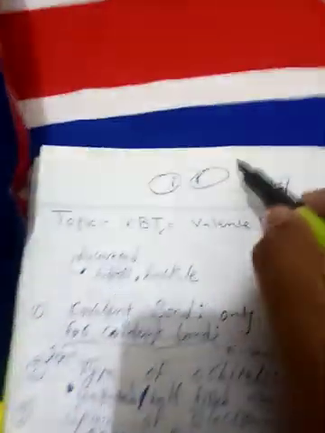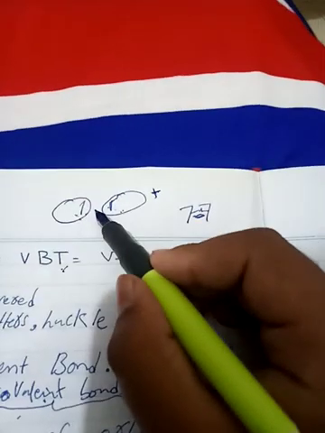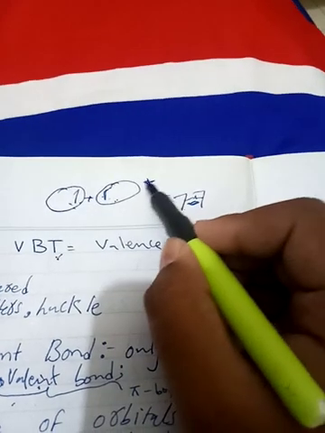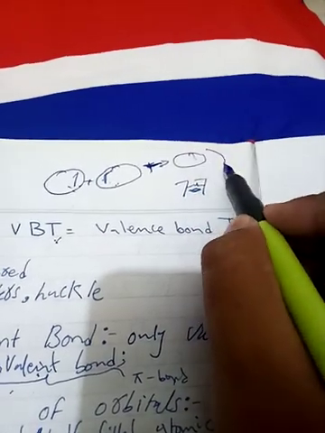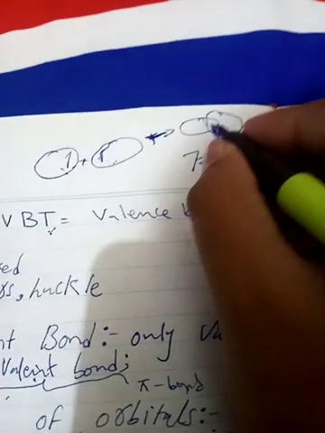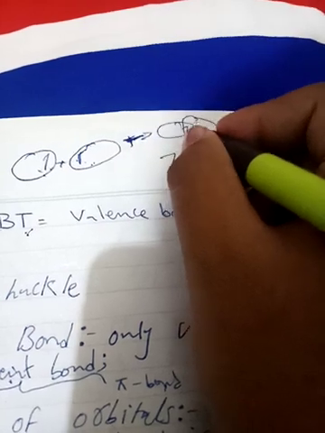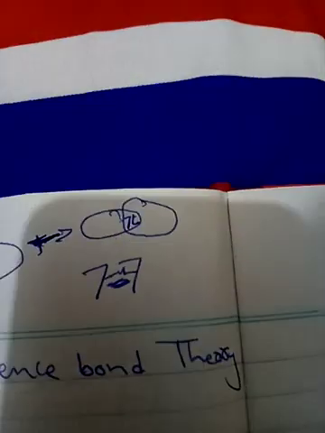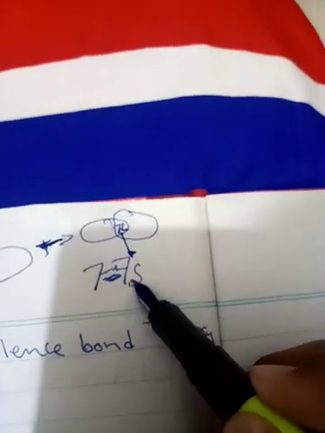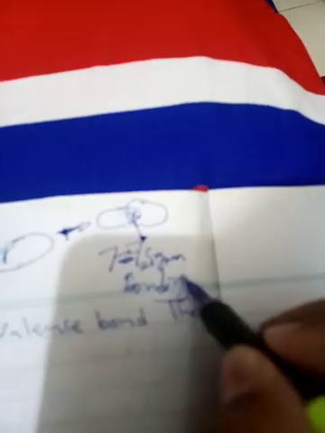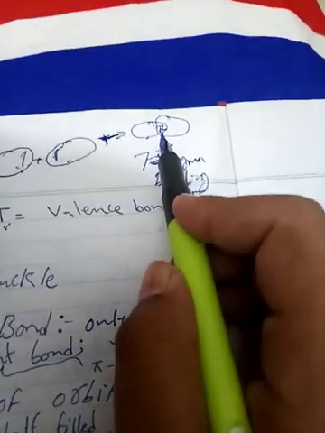For example, the reaction between them will be plus, the arrow will be here, and the reaction will be like this, with these two electrons in opposite spins. This sharing is called sigma bonding, because they come in head-to-head sharing. They attach together and share their electrons, and both spins are opposite.